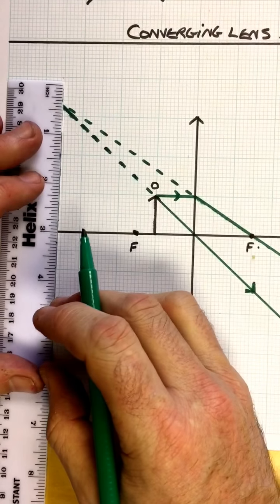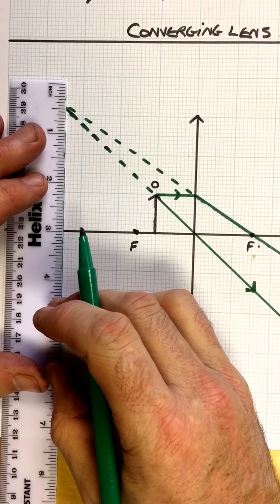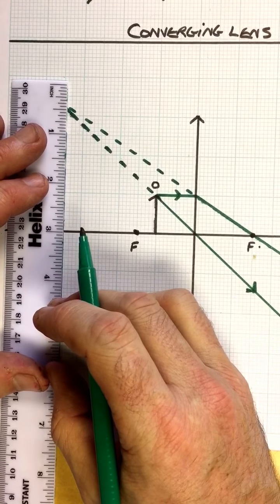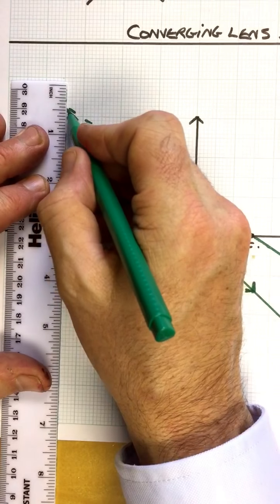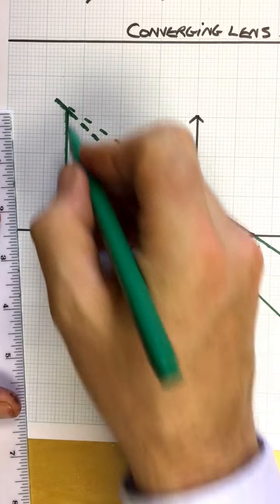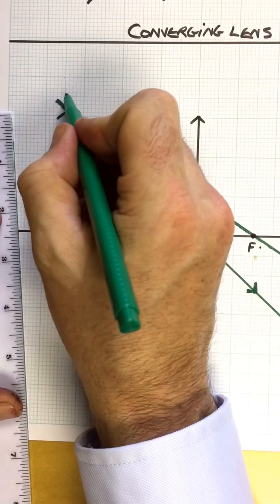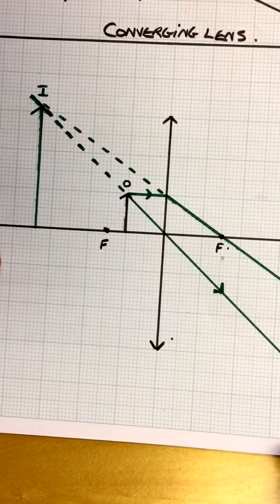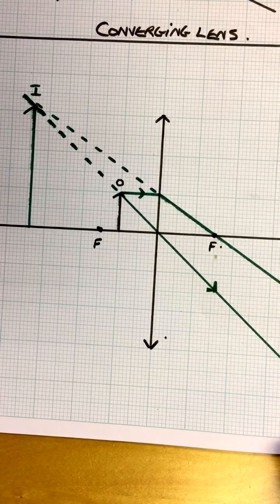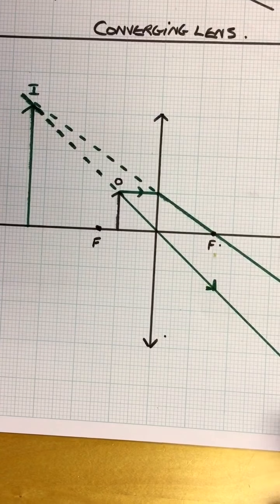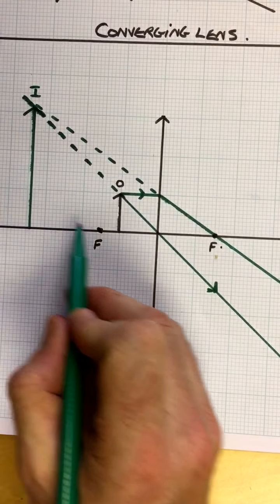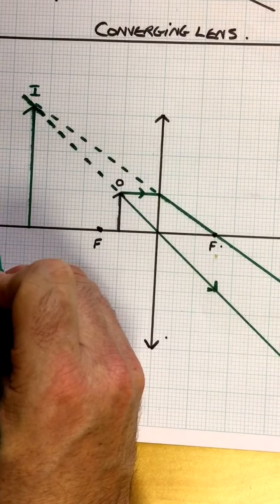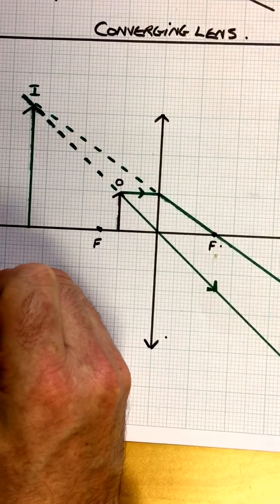So we should be able to see that our image will form here. So we label it I for image. Now, a couple of things to take note of here. First of all, you can see that the image is bigger than the object, so it has been, number one, magnified.